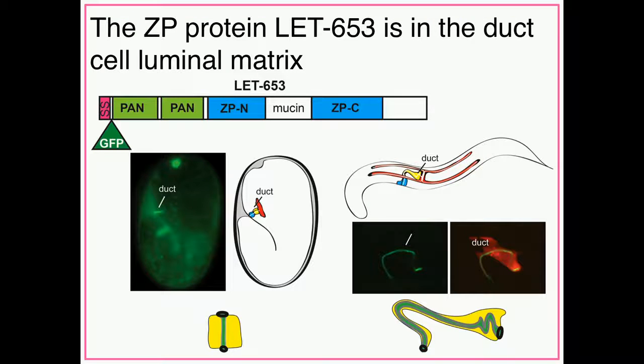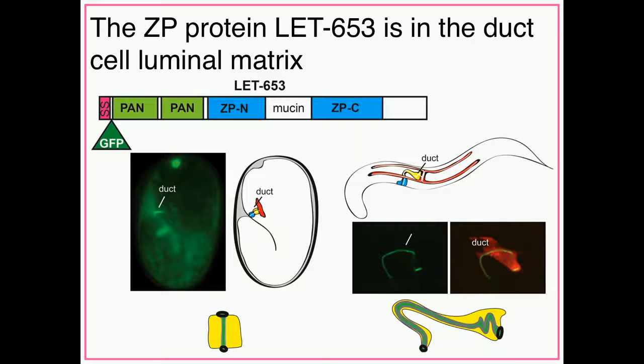So we did identify a ZP protein, LET-653, that is a component of this duct pre-cuticular apical ECM. LET-653 encodes several isoforms of a secreted protein that all have this basic domain structure shown here, with two PAN domains, also found in the blood clotting factor plasminogen, which might be protein-protein or protein-carbohydrate interaction domains.